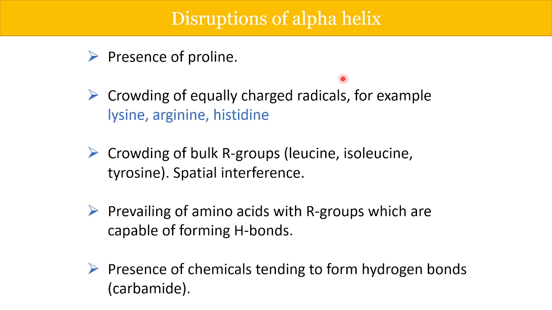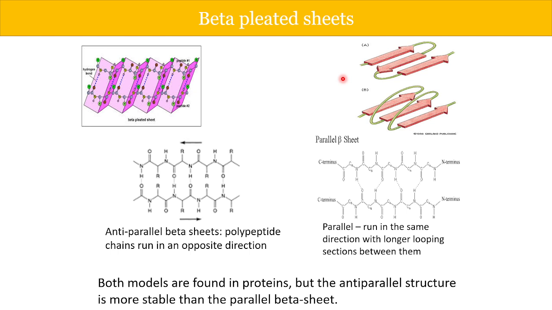The third one is the crowding of bulky groups, like the longer side chains of leucine, isoleucine, tyrosine, that lead to spatial interference or steric hindrance. And the prevailing of amino acids with R groups capable of forming hydrogen bonds: if the R groups contribute significantly to hydrogen bond formation, that will also lead to the stability of the alpha helix. And if we have certain harsh chemicals, that will also affect alpha helix formation.